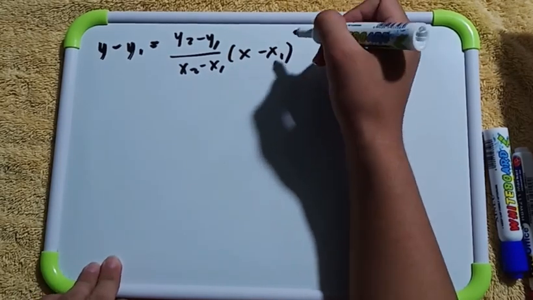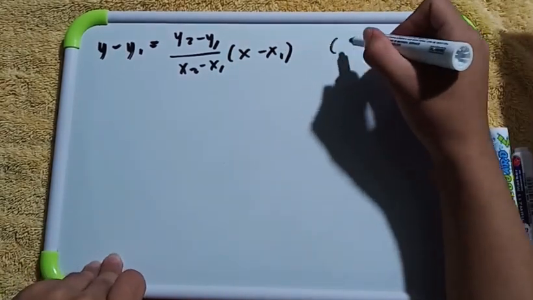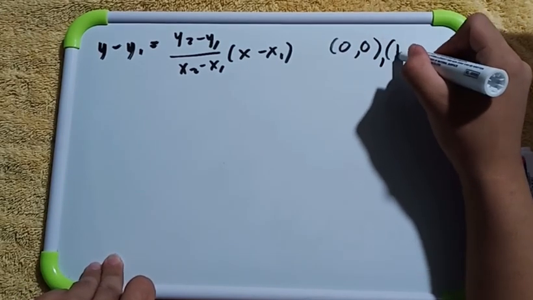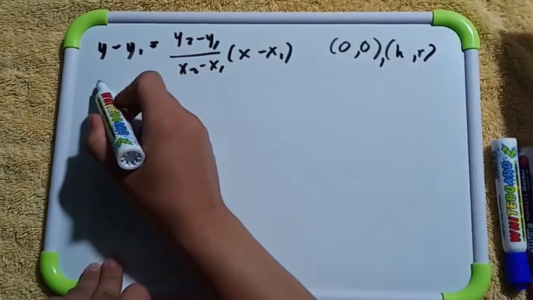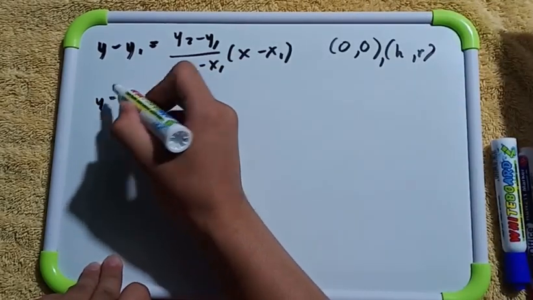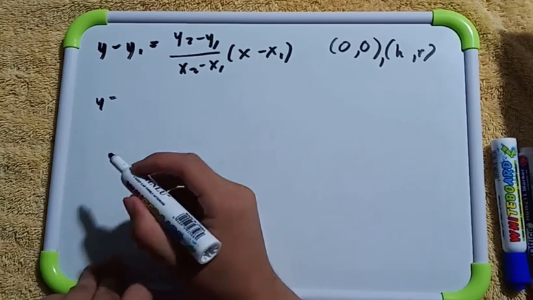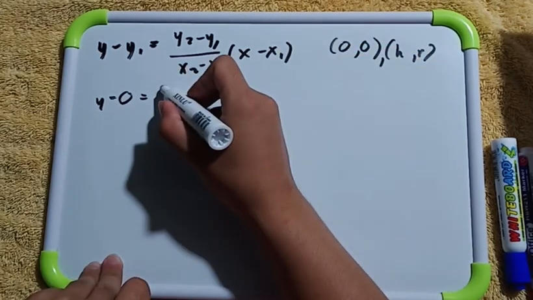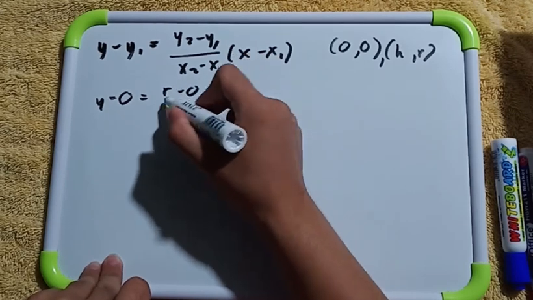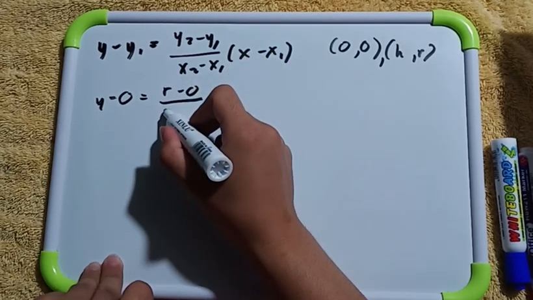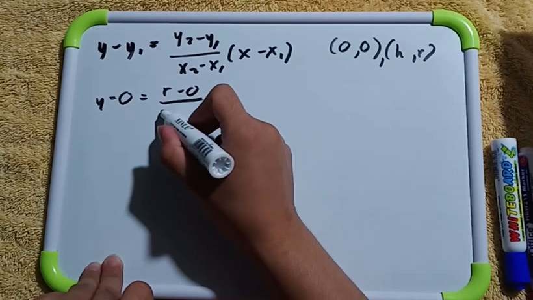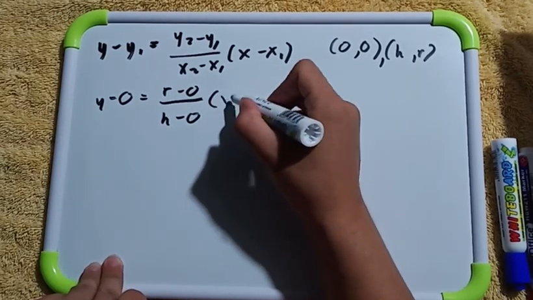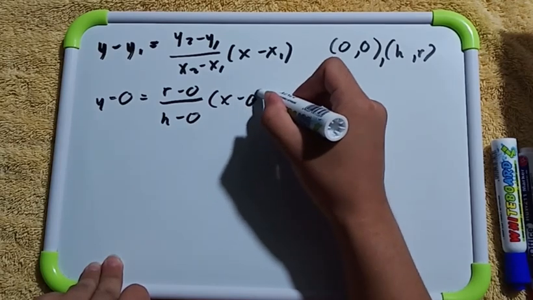minus x sub 1. So, substitute lang natin yung values ng 0, 0 at saka yung h, r. So, ang ating y1 is 0. And ang ating y2 naman ay r minus 0. X sub 2 natin is yung h minus 0 times x minus yung x sub 1 natin is 0.